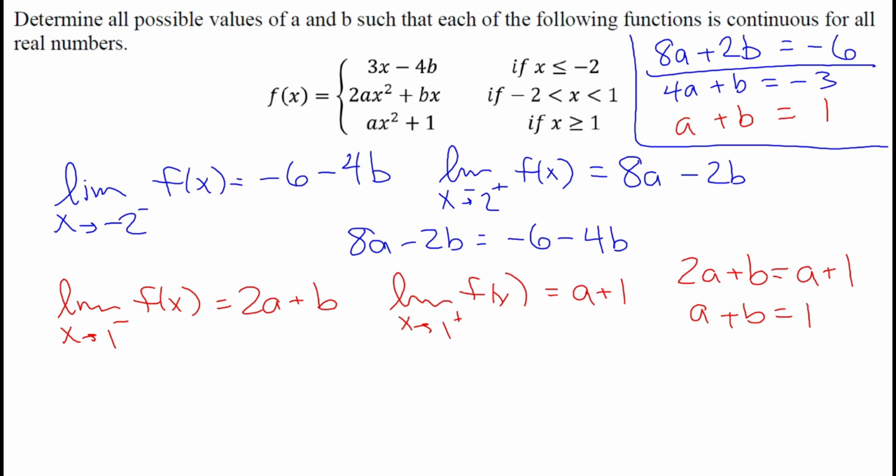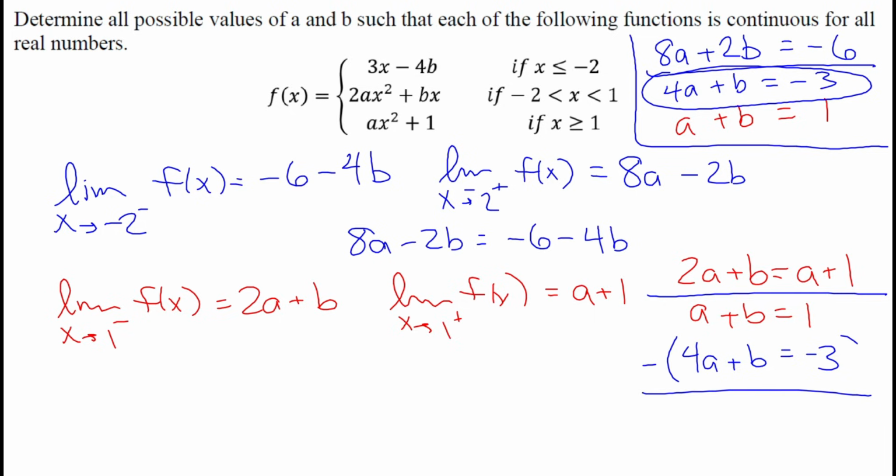Well, I don't really need to do anything with them. If I just put this first one we found, 4a plus b equals negative 3, right below a plus b equals 1, and then subtract the two equations, I get a minus 4a, which is negative 3a. I get b minus b, which is 0, and I get 1 minus negative 3, which is 4.